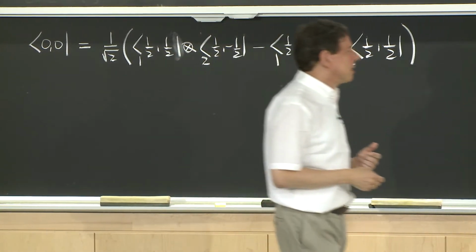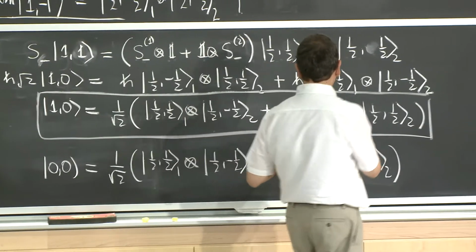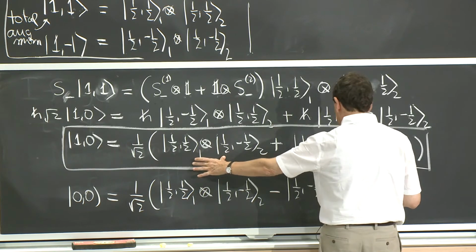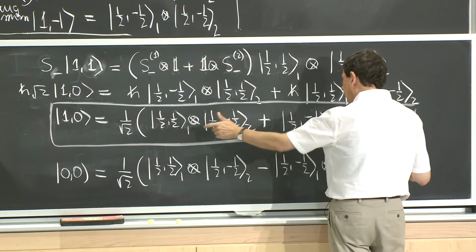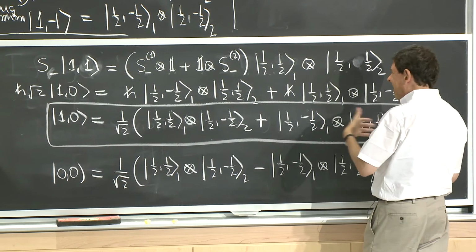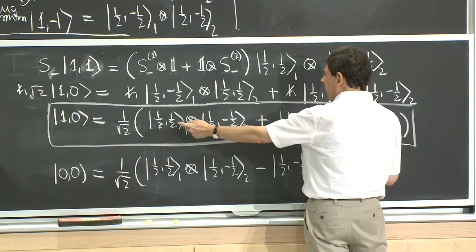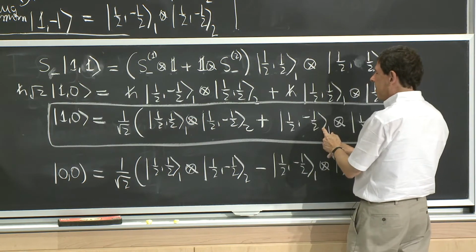You should notice that these states came out with the right normalization. In fact, this state is well normalized. This is orthogonal to this. If you take the bra and you hit into this, it just is orthogonal, because in the first Hilbert space, you will have, for example, the 1/2 state hitting the minus 1/2, and that's 0.